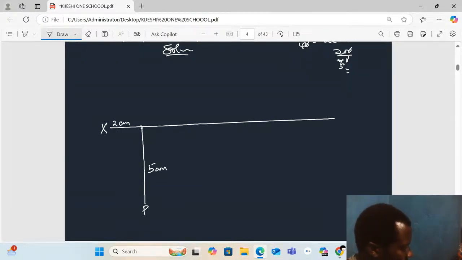Then from 80, we are going to move up to 200. That means from point X to 200, that is 200 divided by 40, we have 5 centimeters.